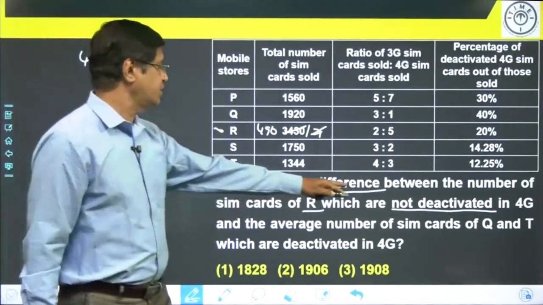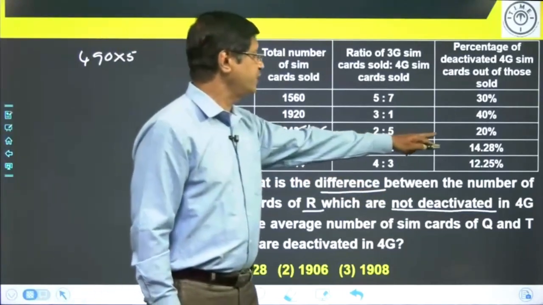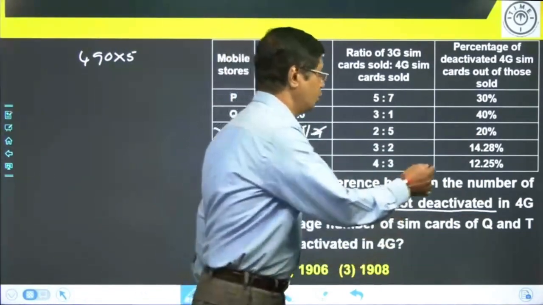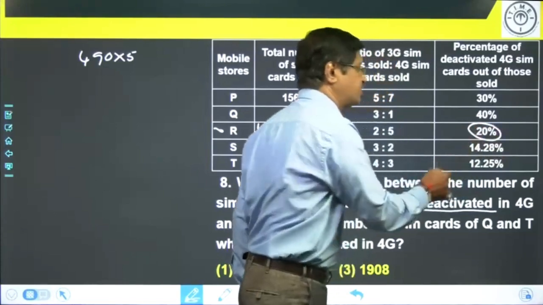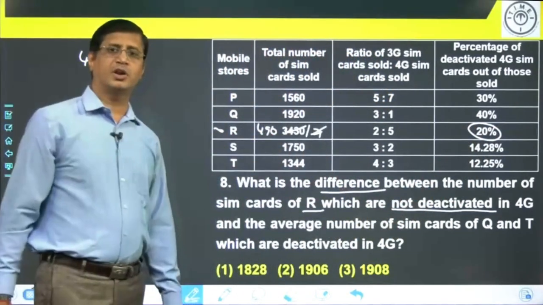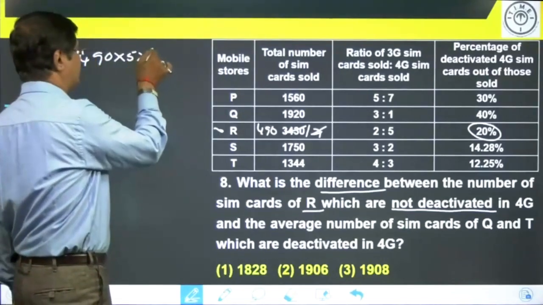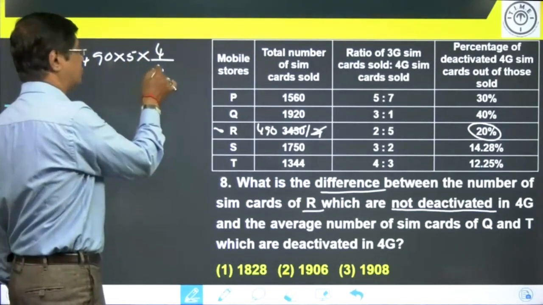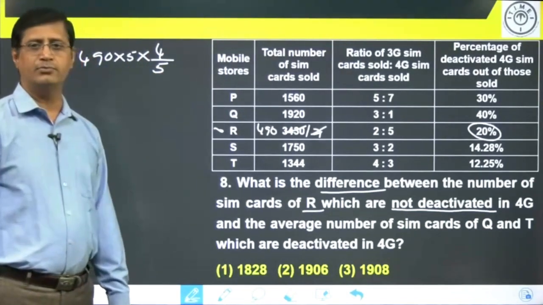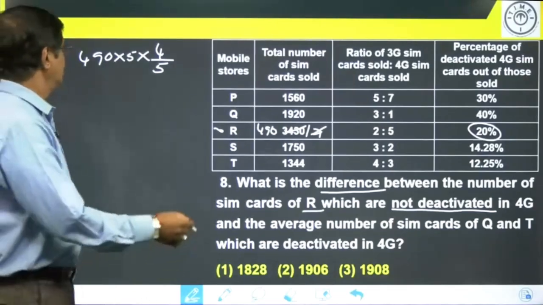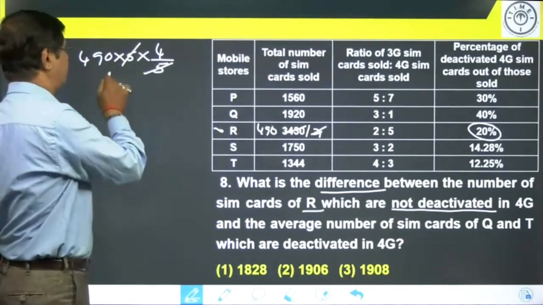In that, how many are deactivated? 20% deactivated means the remaining 80% are not deactivated. 100 minus 20 is 80%. 80% means 4 by 5, that is 80 by 100, and after cancellation 4 by 5.